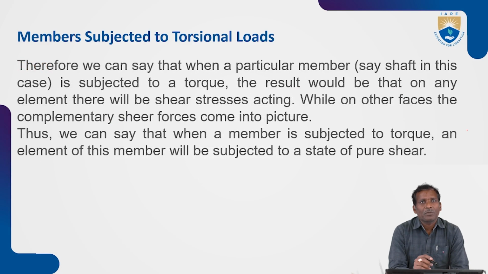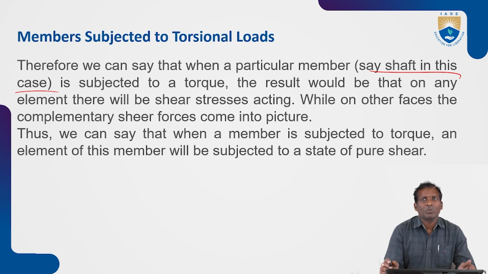So therefore, we can say that when a particular member, say a shaft in this case, you have taken a shaft, the particular member, it may be a round bar, it may be a beam, is subjected to a torque, the result would be that on any element, there will be shear stresses acting.